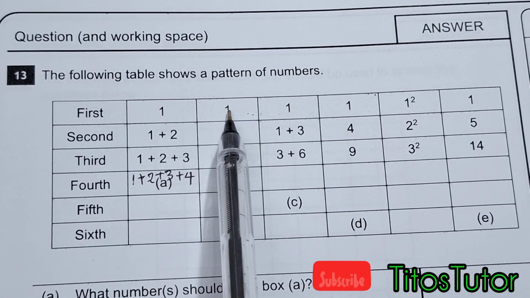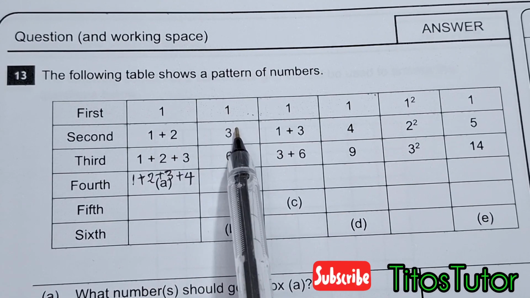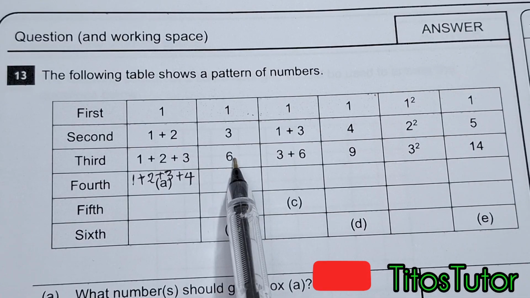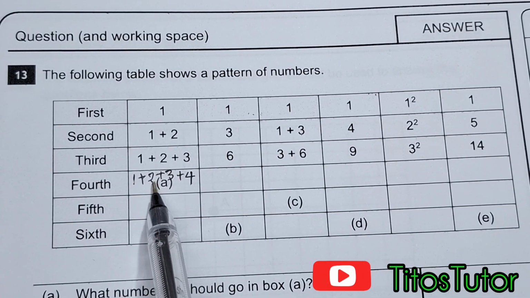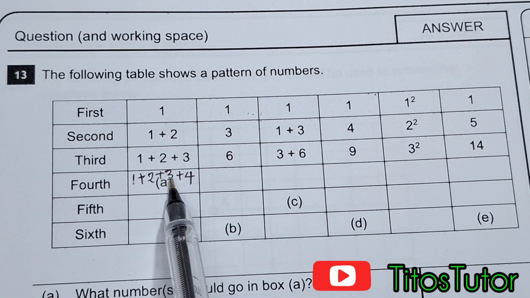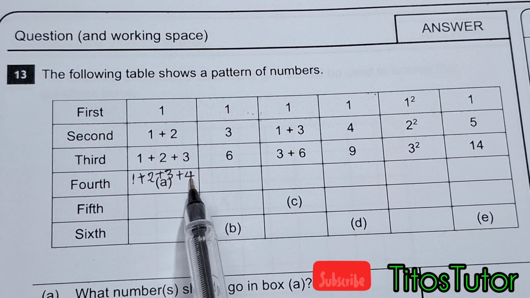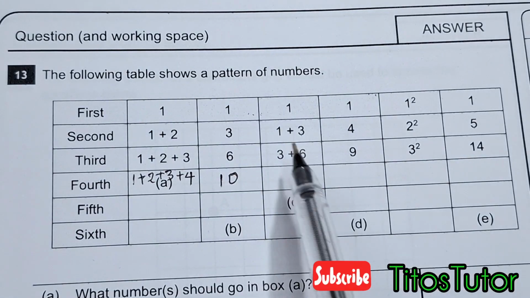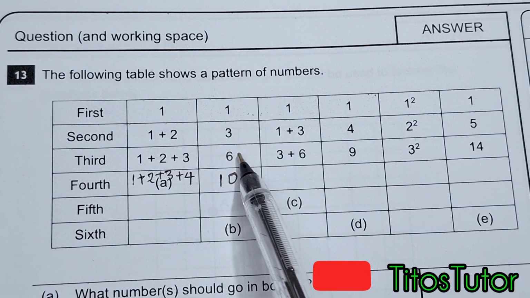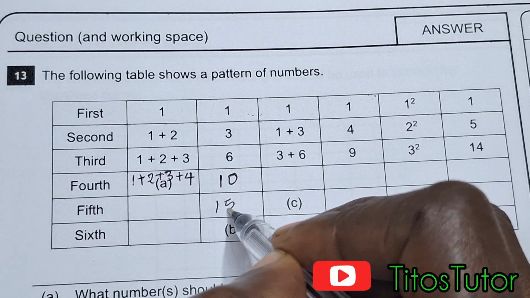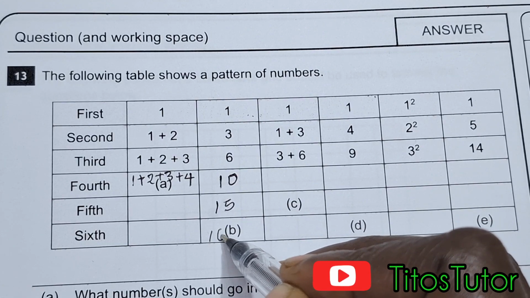And this is 1, so this is 1. 1 plus 2 is 3. 3 plus 3 is 6. 6 plus 4 is what? 10. Can you see? It increased by 2, it increased by 3, it increased by 4, it's going to increase by 5, and it's going to increase by 6.